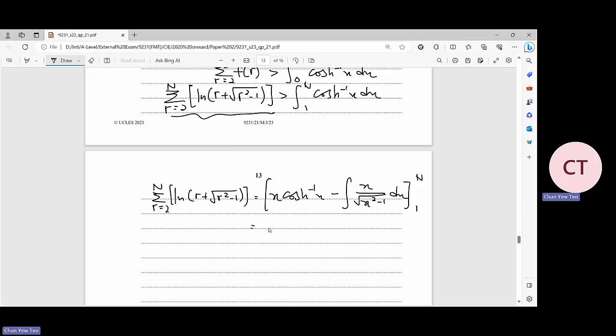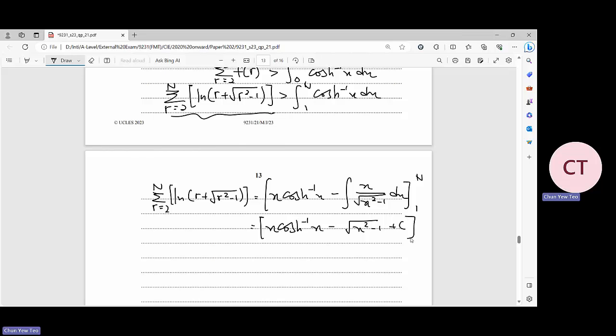Maybe we integrate everything first before we substitute the values. This part is actually our part A, where we already successfully integrated it. So we can straight away change it to x arccosh x minus the square root of x squared minus 1.